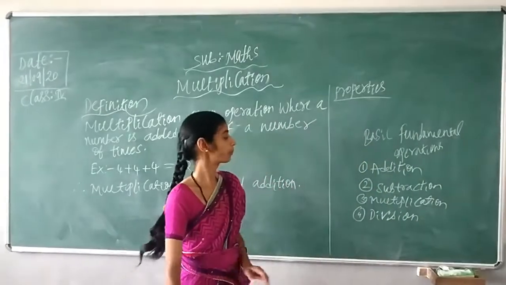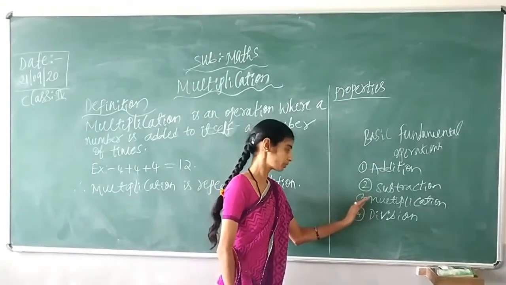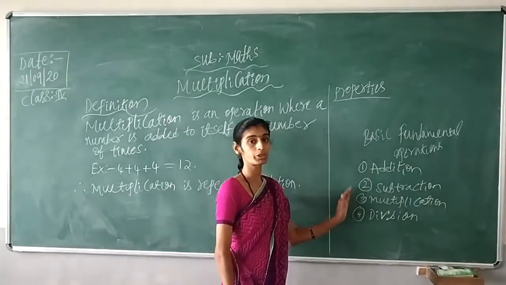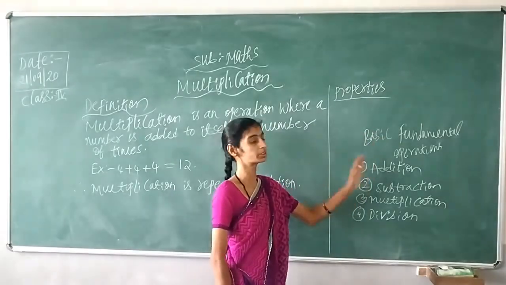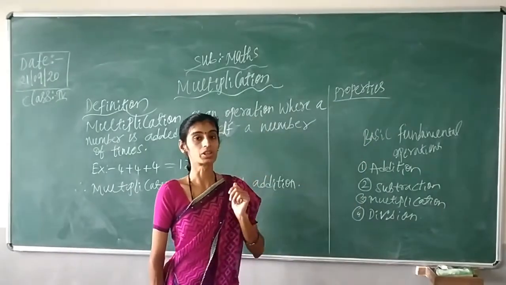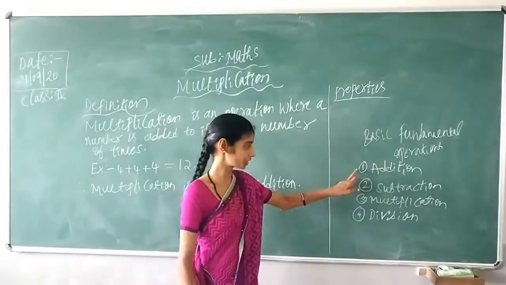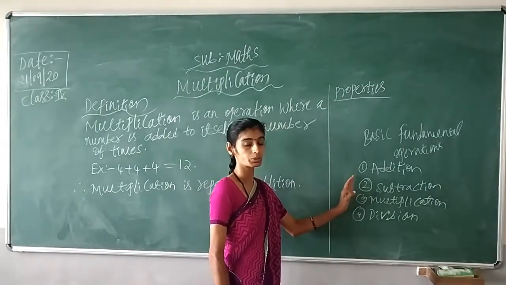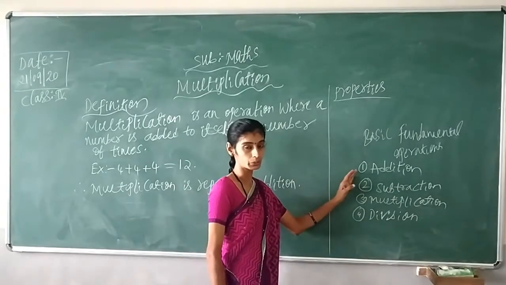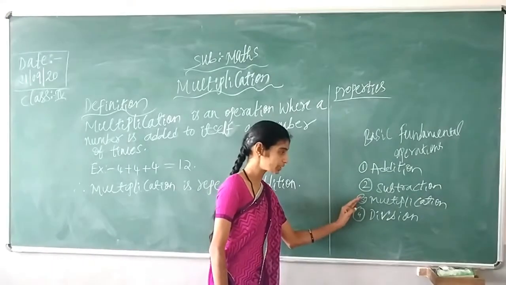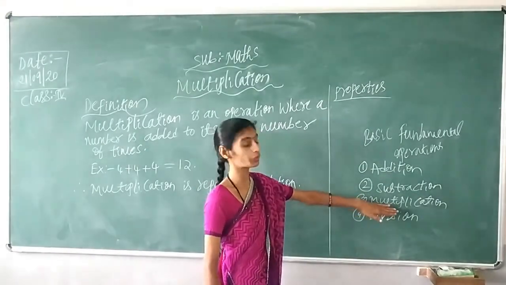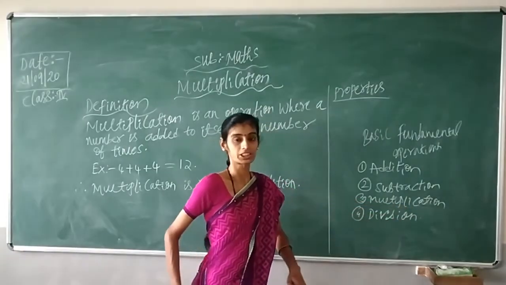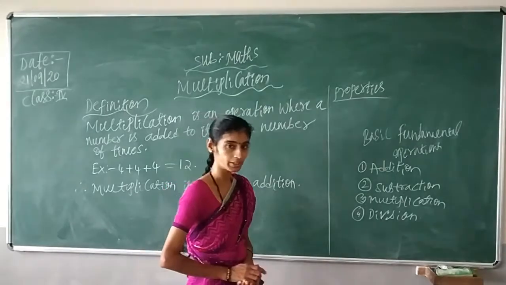So addition, subtraction, multiplication and division, these four we call basic fundamental operations in mathematics. Already we have discussed addition and subtraction children, and I hope you all learned thoroughly. Now in today's class we are going to discuss one more important operation, that is multiplication. Shall we start children? You all are ready?